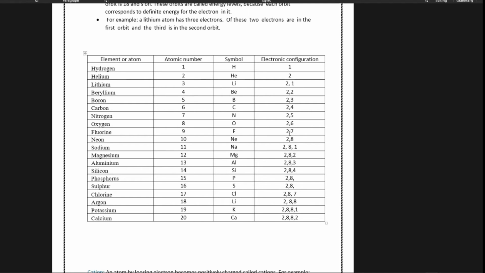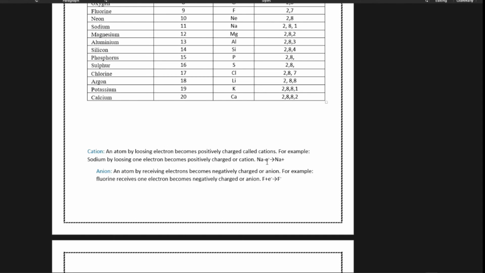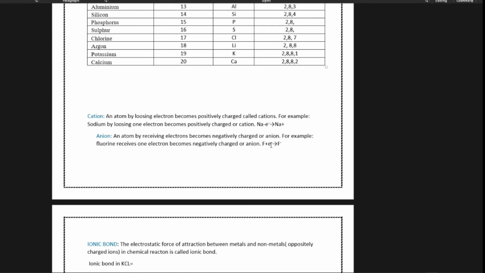Which is easier, to donate or to receive? By receiving one electron, it can easily become stable, because then it has the maximum number of electrons. So here it receives one electron.